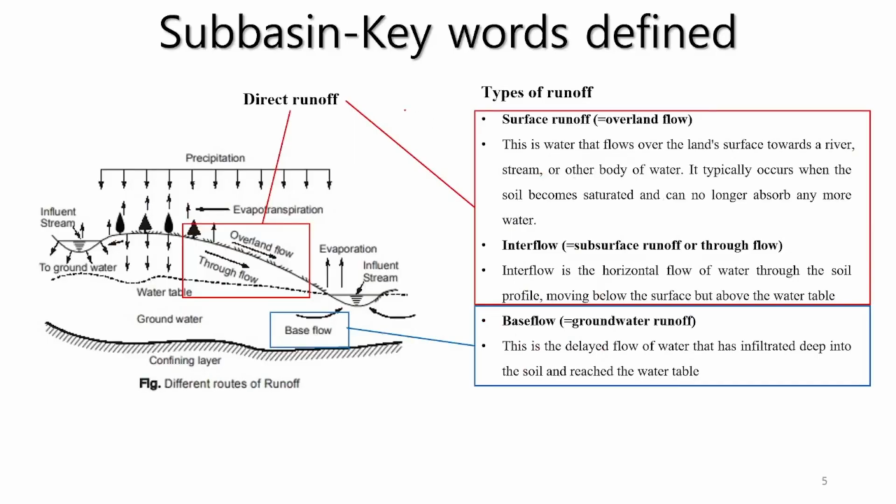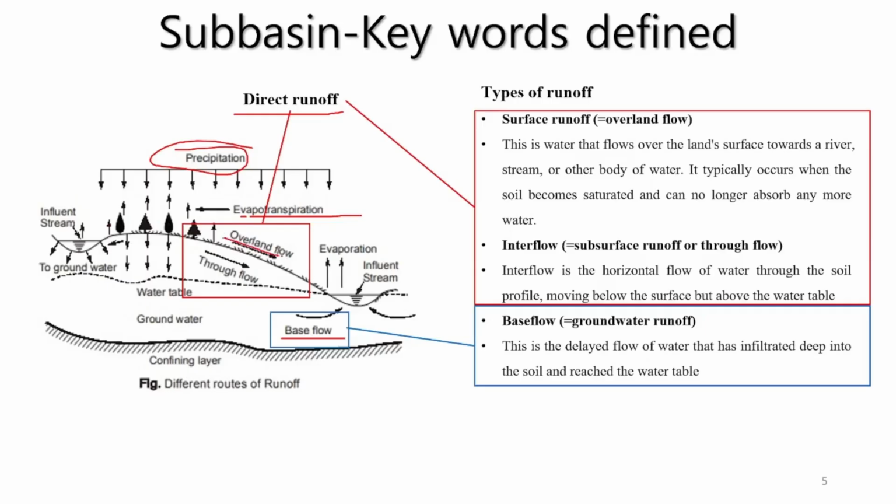What we just covered: direct runoff and base flow. For the types of runoff, we have surface runoff, or overland flow. When precipitation happens, some of it evaporates, and some of it doesn't go through the soil and just runs on the surface of the ground.